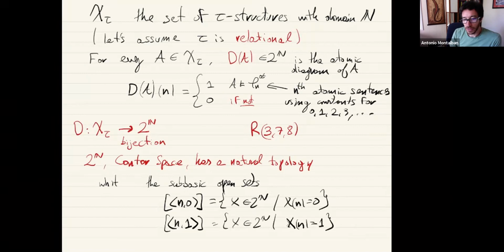A sub-basis of open sets means that you get a basis of open sets by taking finite intersections, and then you get all the open sets by taking arbitrary unions of finite intersections of these guys, if you've seen these things before.